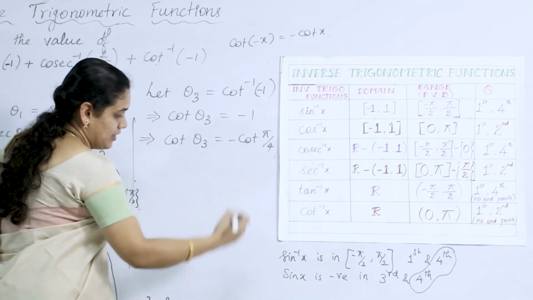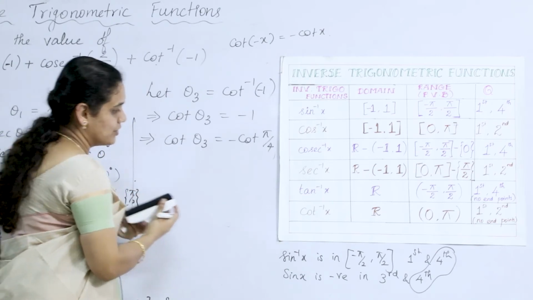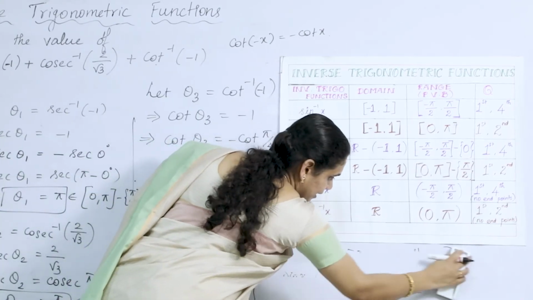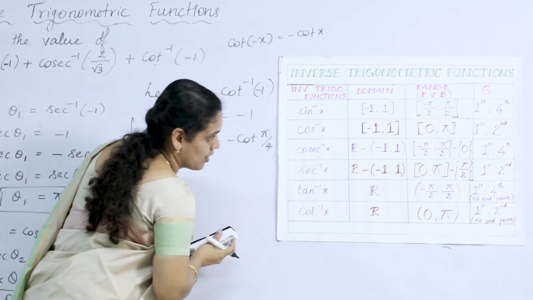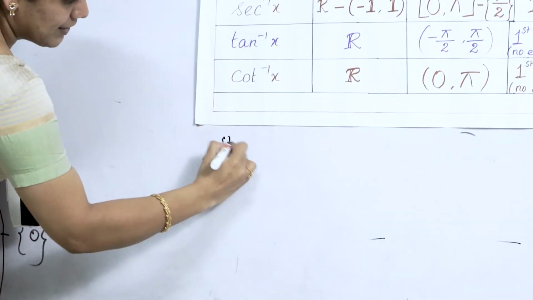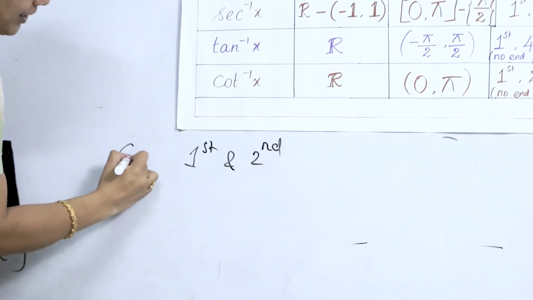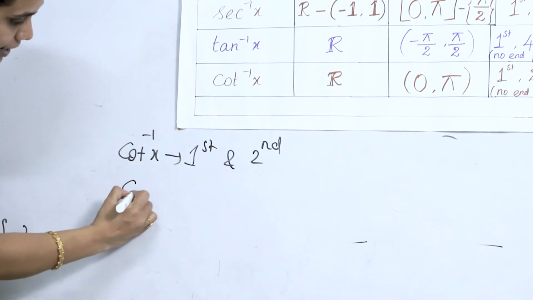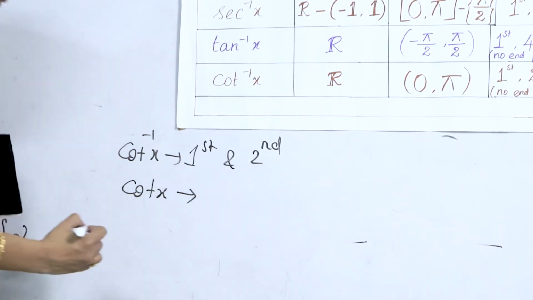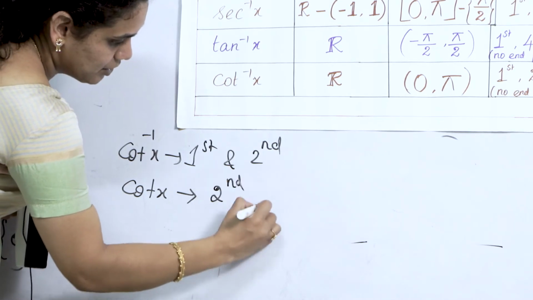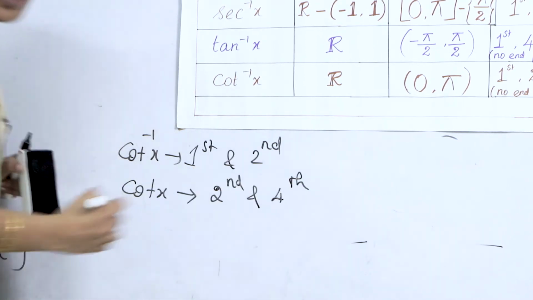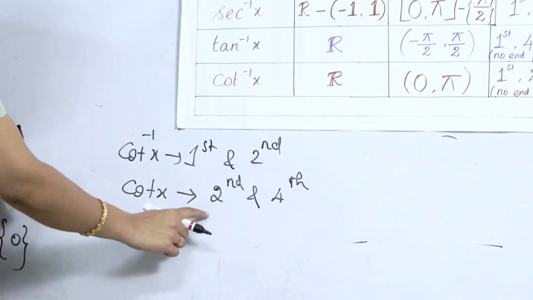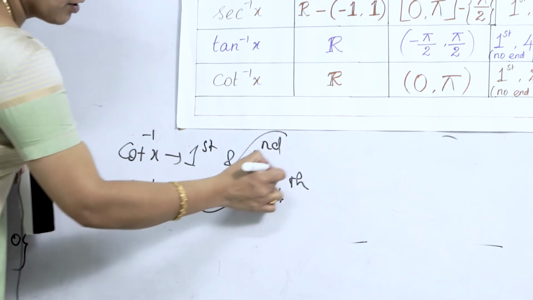Okay, so here we have the cot inverse in the first and the second quadrant. Cot inverse of x is in the first and the second quadrant, and cot takes minus value in the second and the fourth, right? So this is common.